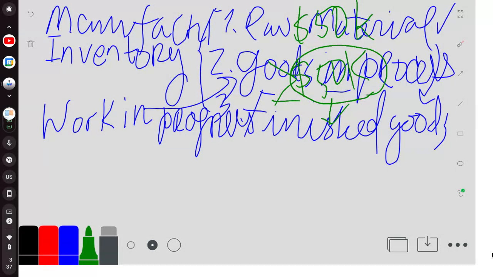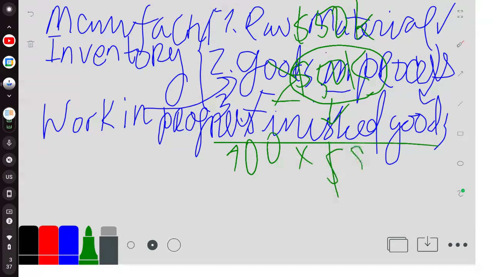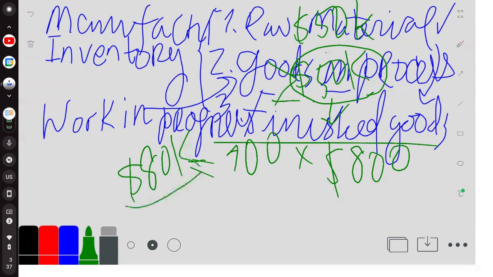With $50,000 worth of parts and components, let's say you can make 100 computers. Once finished goods come out, that's 100 computers, and each computer will be sold for at least $800. So then the total will be what? 80K. Isn't that right?